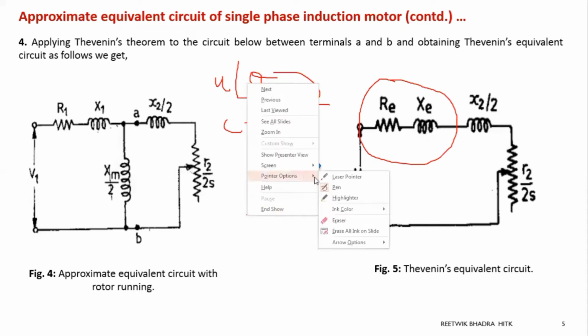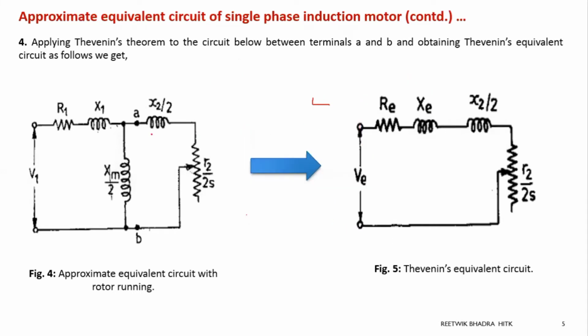Then next, we have done the calculation, but just now for using this figure I am showing. Then what we'll do, we have removed this one, we'll get our voltage across this terminal, right? VTH or VE. So what will be the voltage V? This will be the voltage across this terminal A and B. So across this terminal, which impedance is connected? jXm by 2.